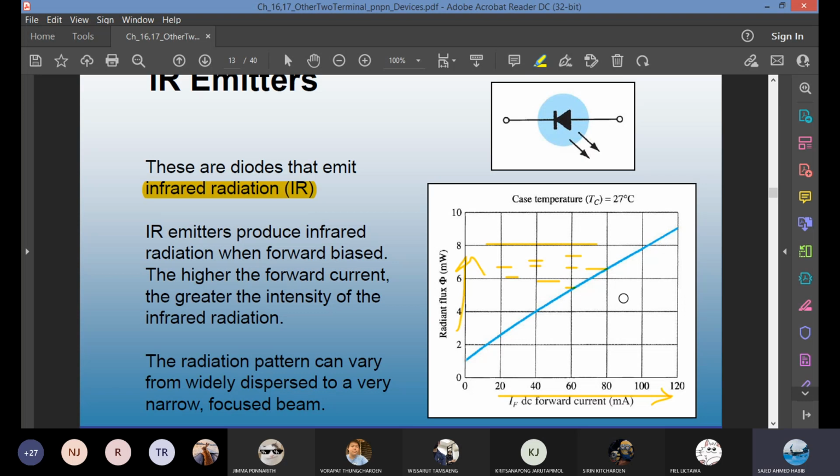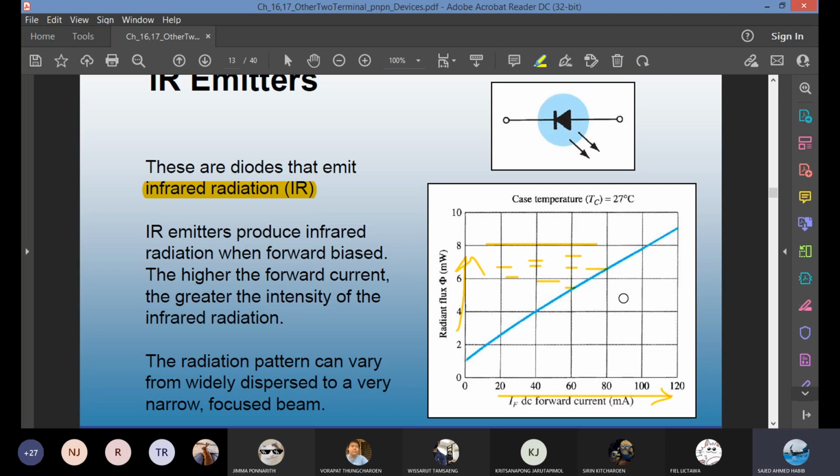Also, IR emitter is a 2-terminal device. As you can see, it has only 2 terminals, like a diode. Usually, what type of diode? IR emitters, the most common types are solid state gallium arsenide. Gallium arsenide devices are used to make IR emitters.